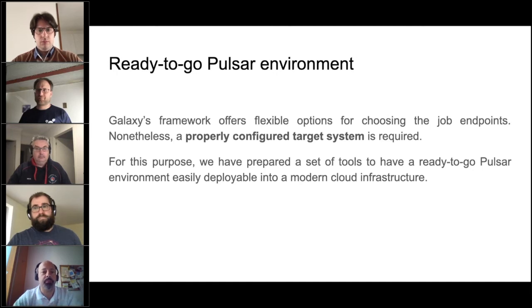So the Galaxy framework offers different, very flexible options for creating job endpoints, but in any case, we need a way to have a properly configured target system. With this idea in mind, we have created a set of tools to have a ready-to-go Pulsar environment that can be easily deployed into a modern cloud infrastructure.